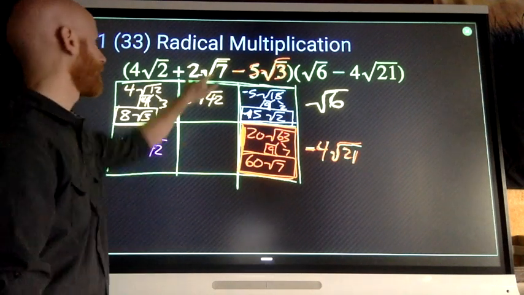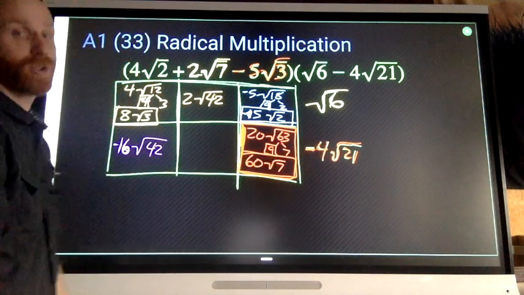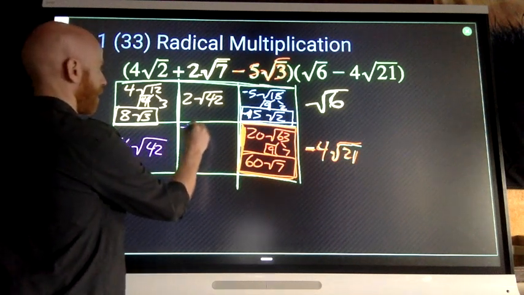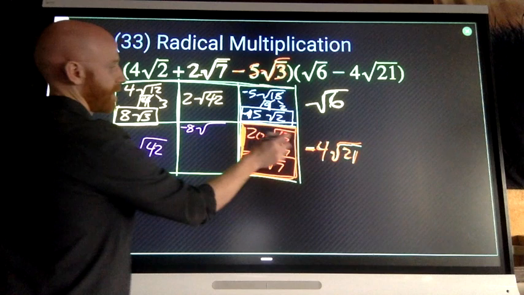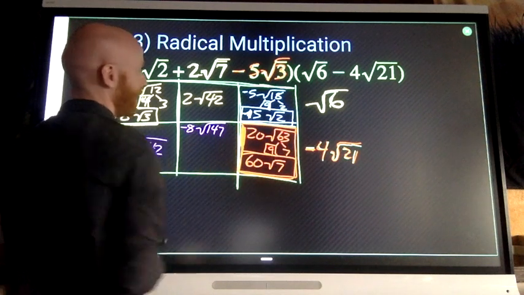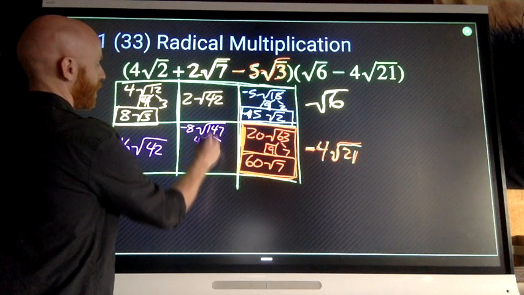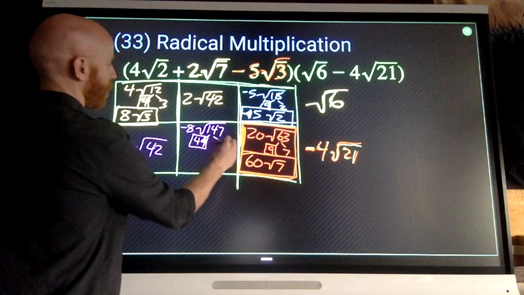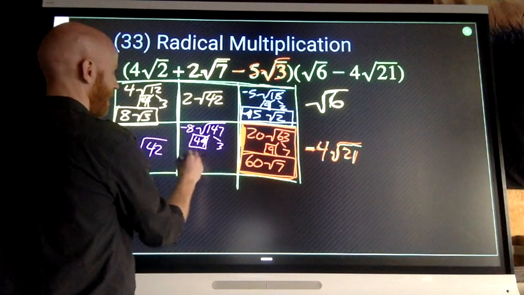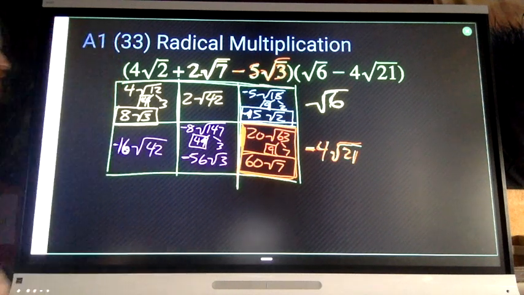And lastly, 2 root 7 times negative 4 root 21 is going to be negative 8 square root of 147, which can break down into 49 times 3. Square root of 49 is 7, negative 56, square root of 3.